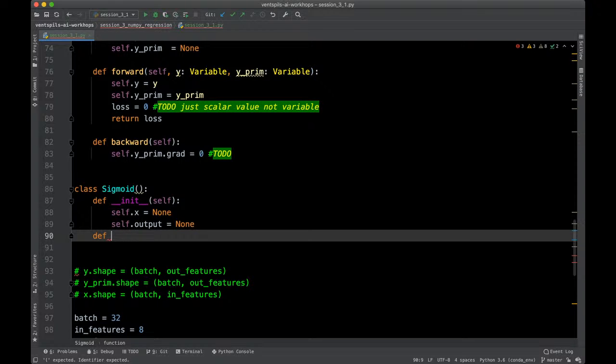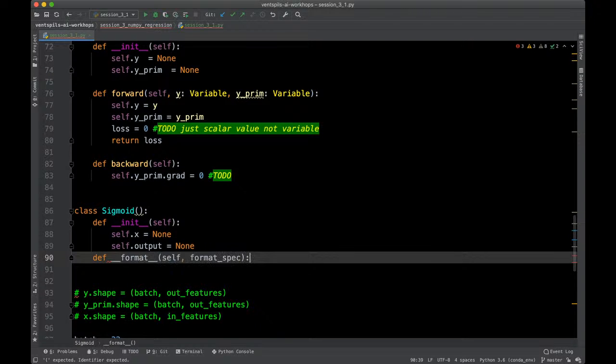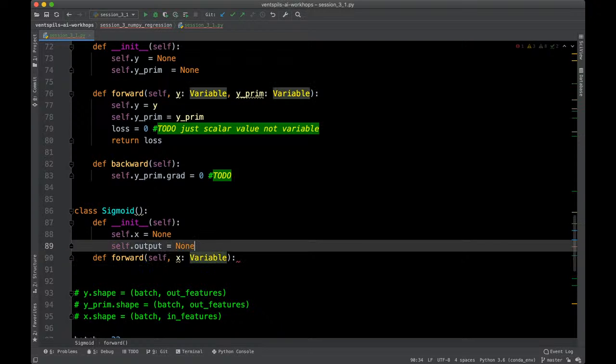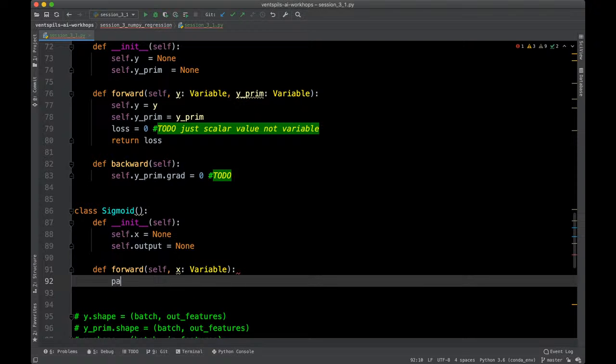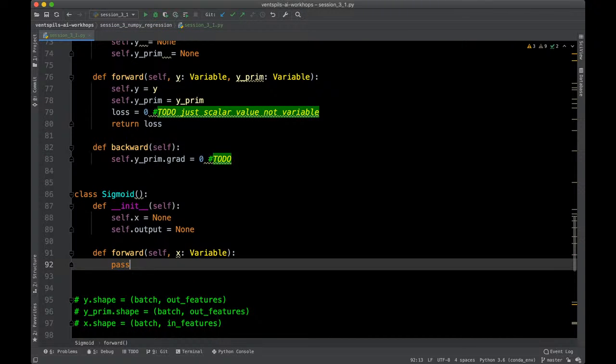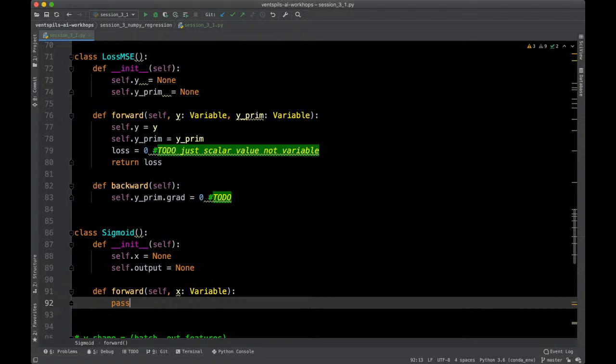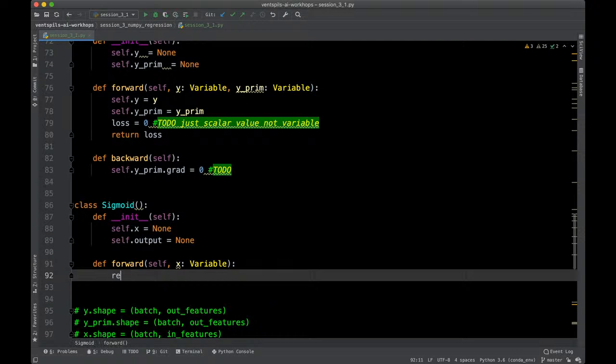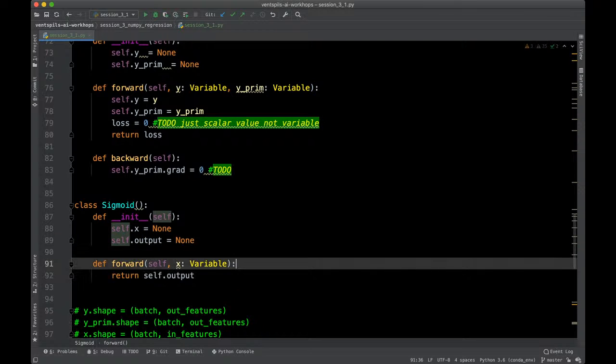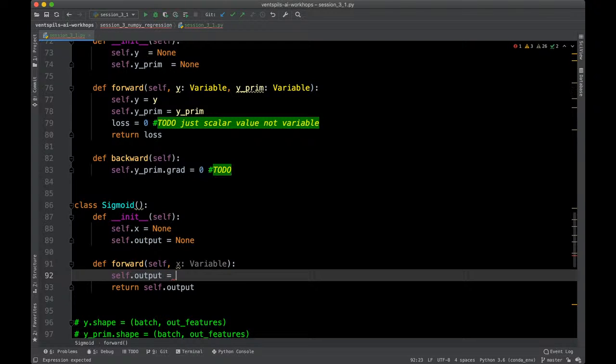And def. Actually, what I propose to you to do is to do what we did by hand, but just using this structure. So forward x, here is going to be the x variable. So this is going to be the variable type. I'm just leaving it here so that you don't forget it. By the way, this is going to be the return self output. Then you will need to calculate this here. So here you will need to calculate this, to do.